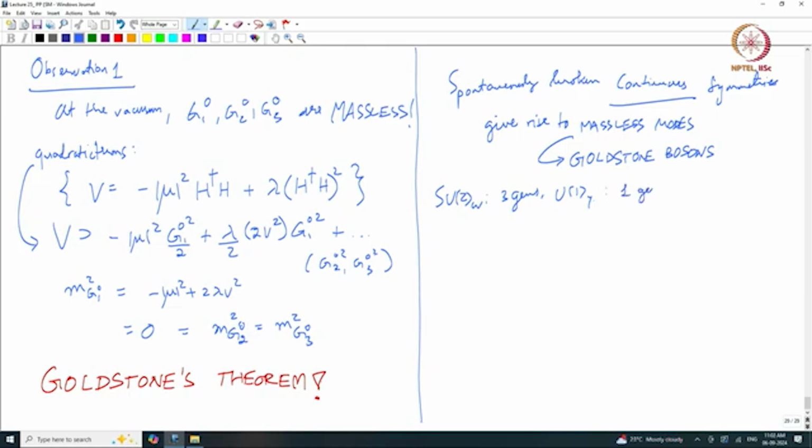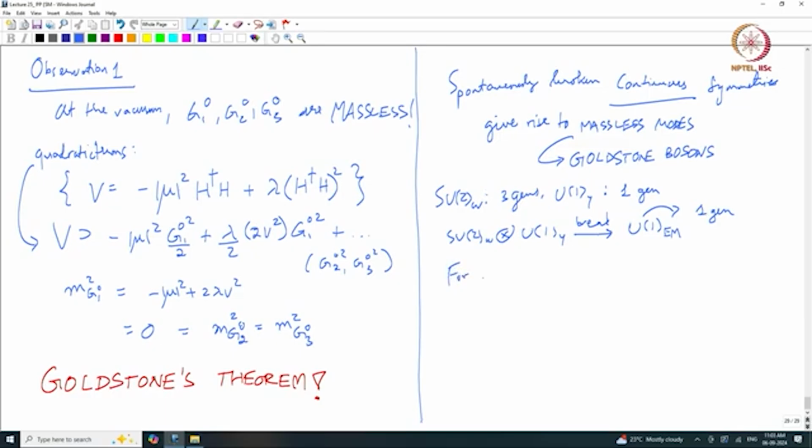That has 1 generator, correct? So what we've done is not just break SU2 cross U1, we've broken it down to something smaller actually. We didn't break it completely, we've broken it down to electromagnetism, and we'll see how this happens in a second. And how many generators does this have? 1 generator.